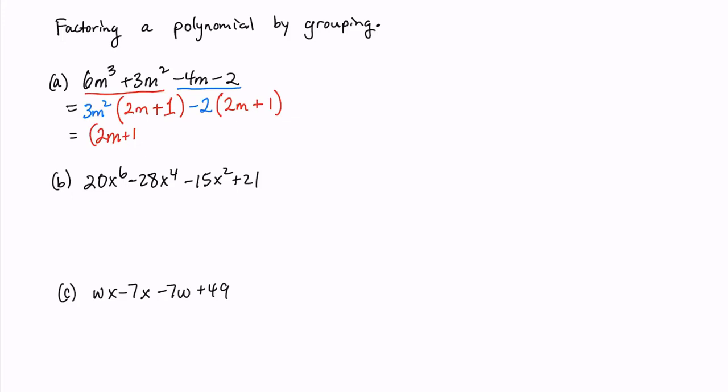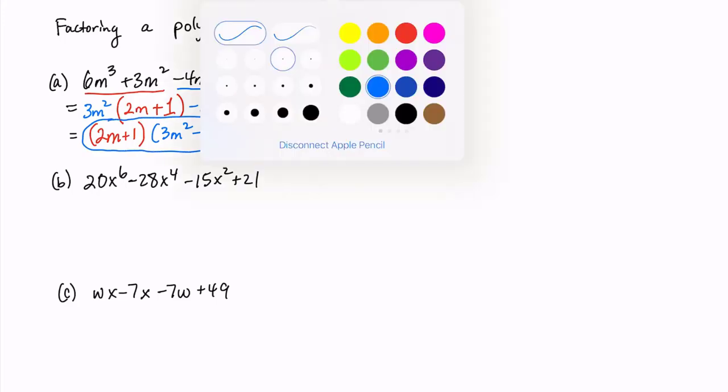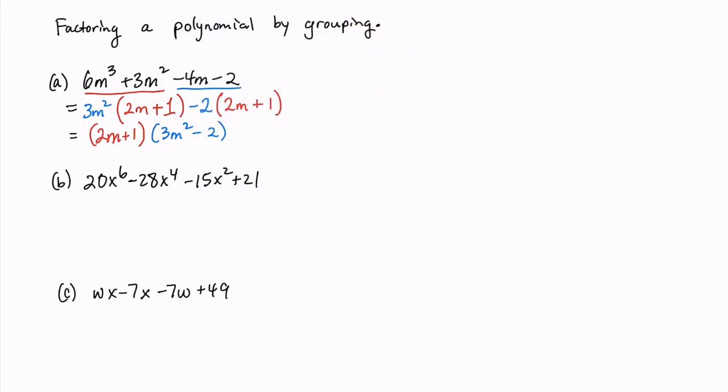Remember, the first greatest common factor you found in this problem was 1. Now you actually see a common factor of 2m plus 1. And then what's left is 3m squared minus 2. So how many factors do we have for this expression? We have two factors. The first one is 2m plus 1. The second factor is 3m squared minus 2. You could always check by multiplying. So feel free to multiply that. Let's circle our answer there.